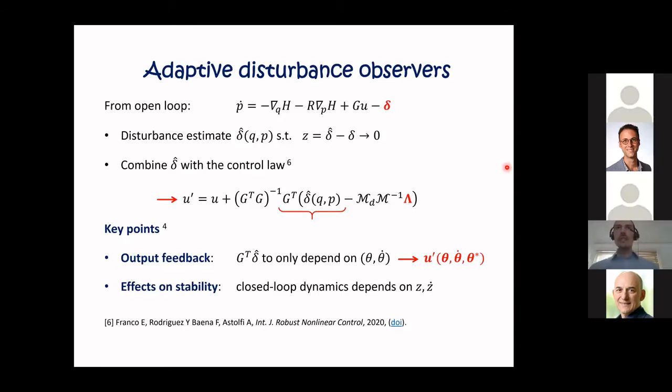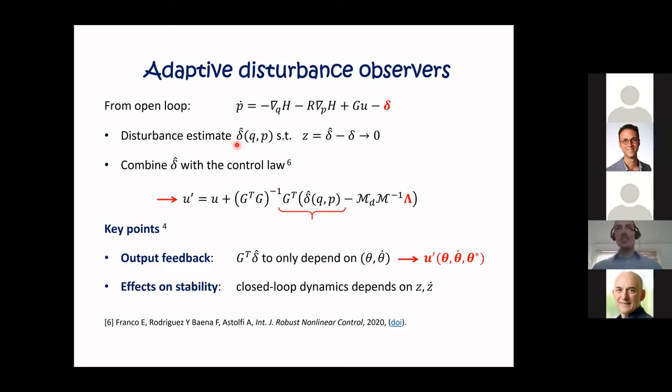One way to do that is to introduce an observer which estimates the disturbance or the unknowns adaptively, for example from the open loop, and this is indicated here in a general way with this observer state delta hat.